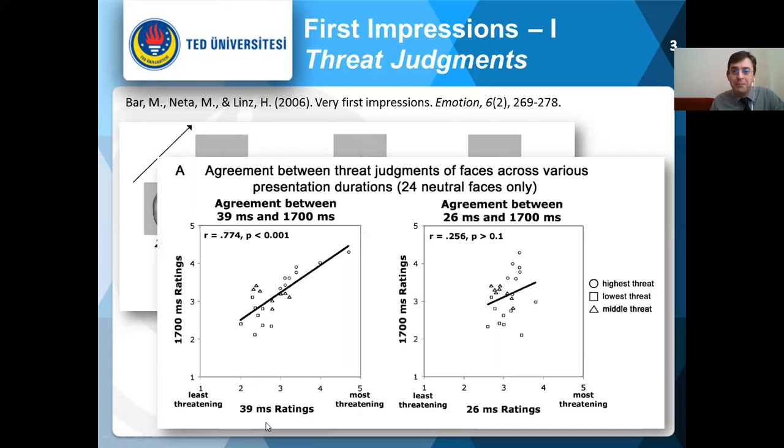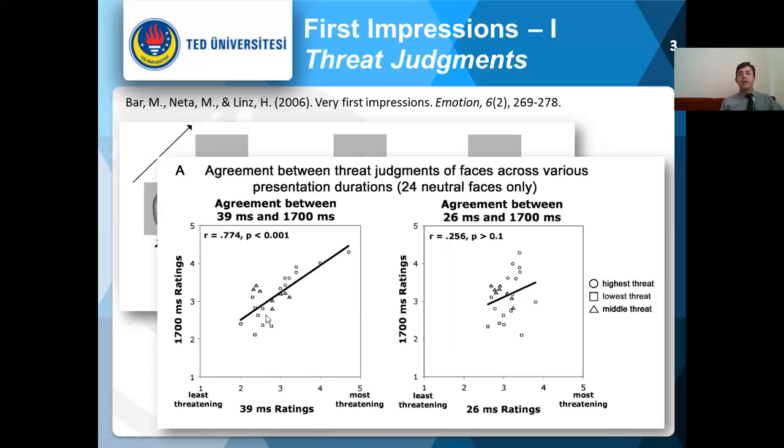So the very first impressions happen in our minds in only 39 milliseconds. It's that fast. After 39 milliseconds, if we have more and more exposure opportunities, we still derive the same meaning from the same face. The meaning of the face doesn't change after 39 milliseconds. That's why the correlation is very high.